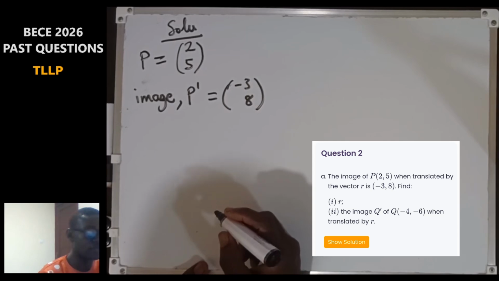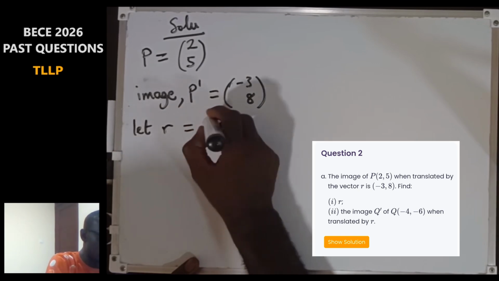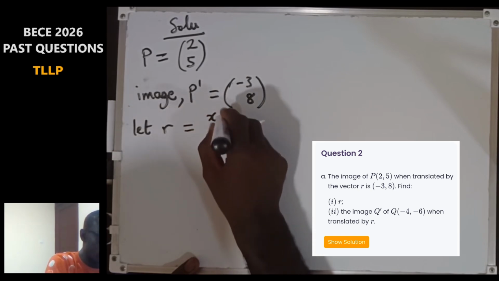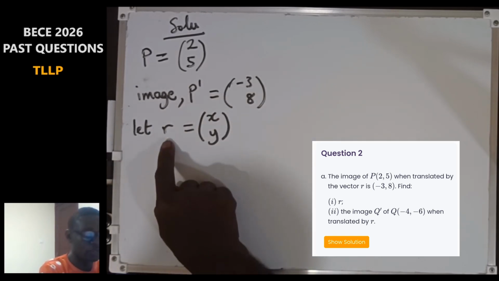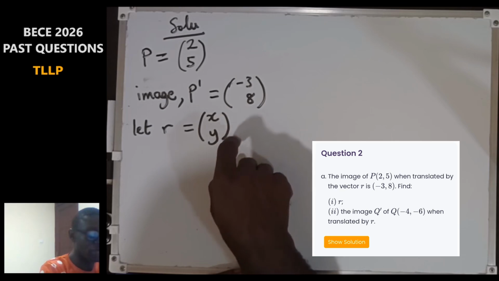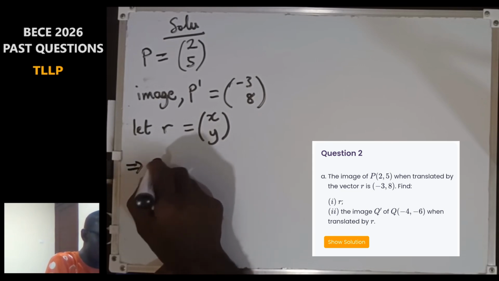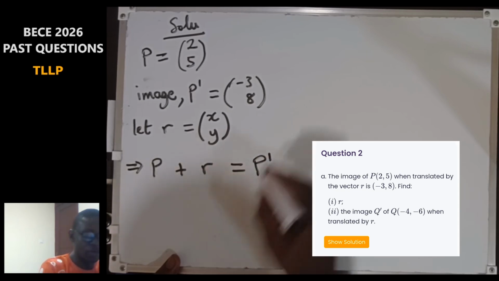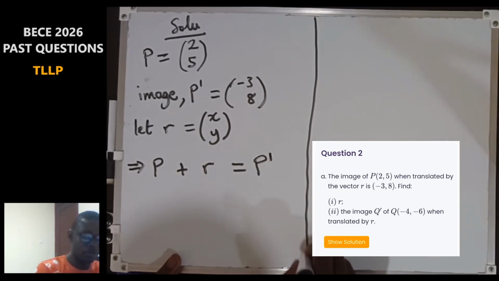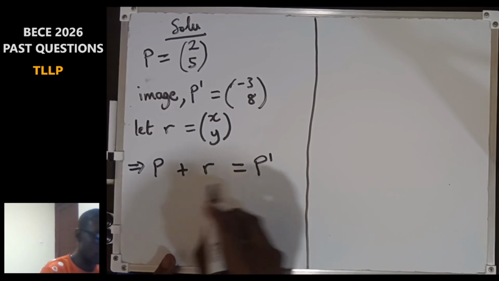So what we can do here is to let r equal x on y, because we are looking for r. So if r is x on y, then P plus r is going to give us our P prime, like we did. The object plus the vector is going to give you the image.